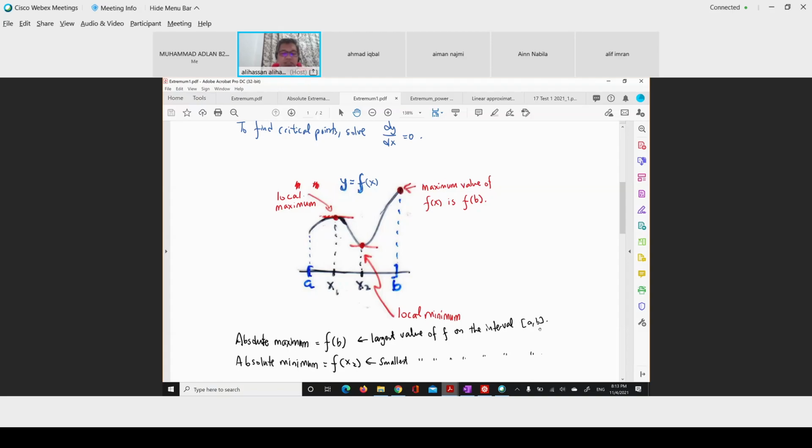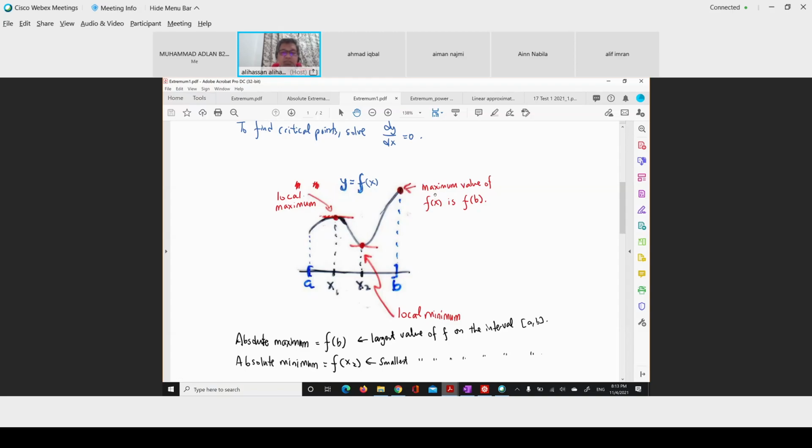The absolute minimum occurs at x equal to x2. This is the point where f is smallest over the interval a to b. So we say this local minimum is also the absolute minimum, f of x2.